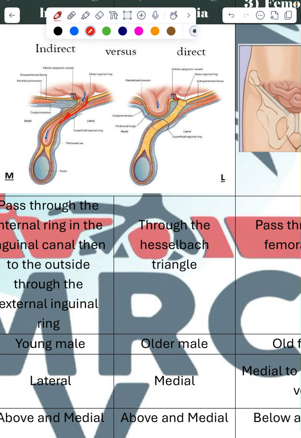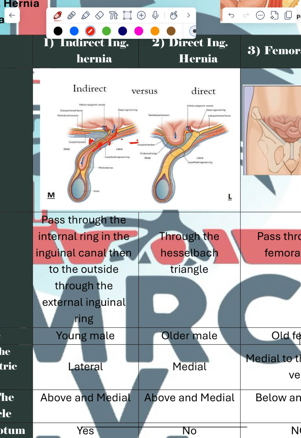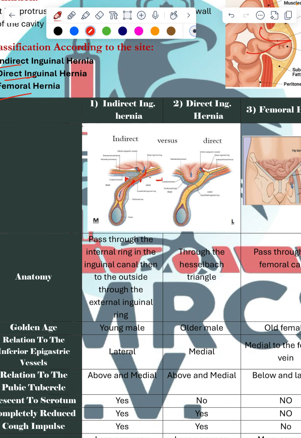And for a direct hernia, this is the deep ring, this is the superficial ring, so here is the medial side and this is the lateral side. From the vessels, if it is coming lateral to the vessel, it is indirect, and coming medial is direct. The indirect passes through the inguinal canal and comes outside through the external ring, lateral.